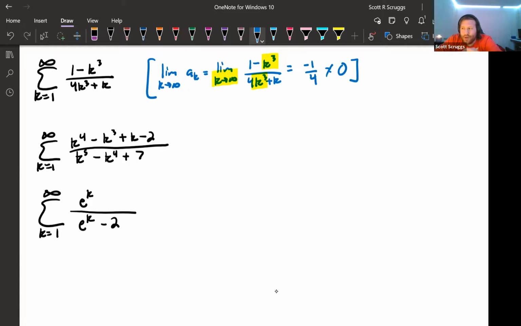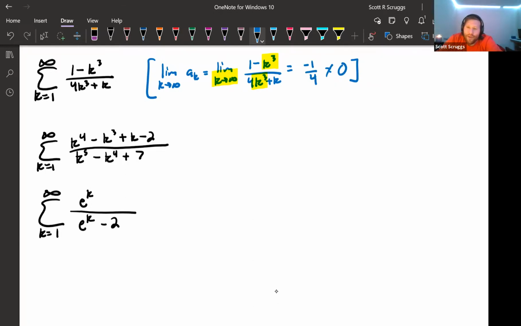Again, all tools from Cal 1 are fair game here. When y'all took Cal 1, I imagine the way you learned it was you divided by the highest power in the denominator, simplified, and then took the limit at the very end.